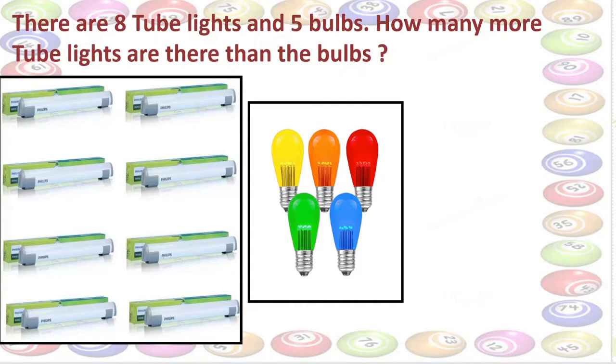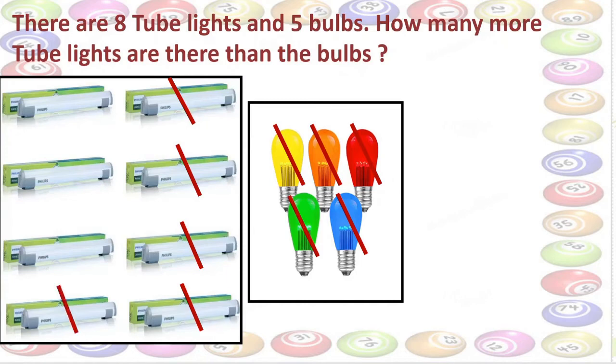To find out the answer, what will we do? We will cut the pairs, tube light, bulb, like that. We will begin. See, one bulb cut, tube light cut. Second. Here third bulb, third tube light. Fourth bulb, fourth tube light. Fifth bulb, fifth tube light. Yes. Now you can see only 1, 2 and 3 tube lights remained.